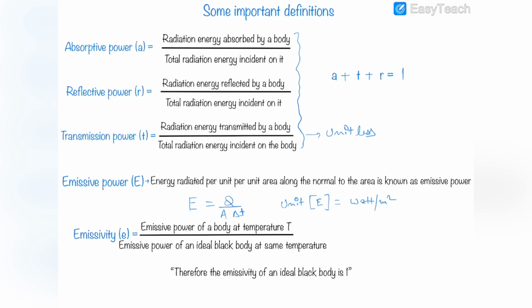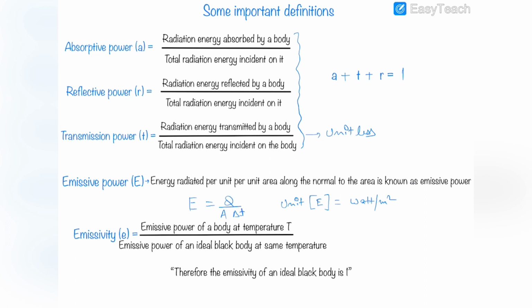Okay, now emissive power is something else. The emissive power of a body is the total radiation energy emitted by a body per unit area per unit time. Or we can say that the energy radiated by a body per unit time is obviously the radiated power, and emissive power is radiated power upon area.